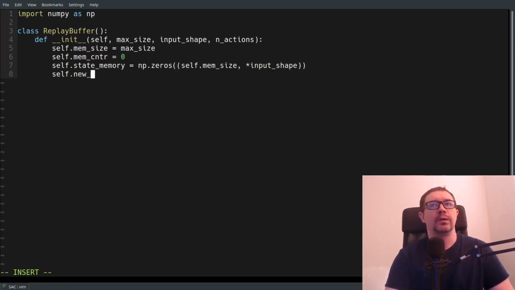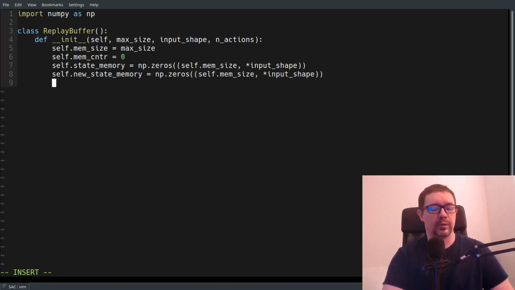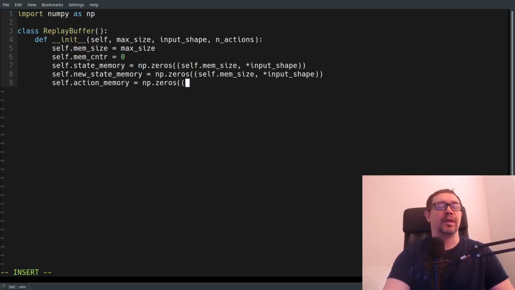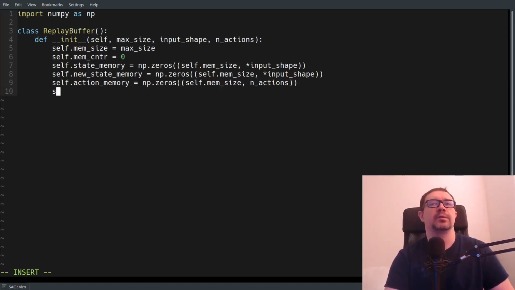We'll also need a new state memory that keeps track of the states that result after our actions, and that is functionally the same size as the state memory. The action memory will have shape mem size by n actions. Again, those are the number of components of the actions.